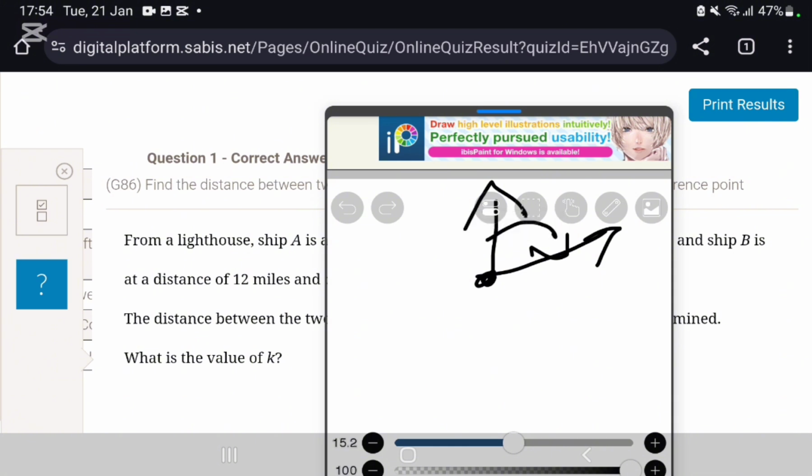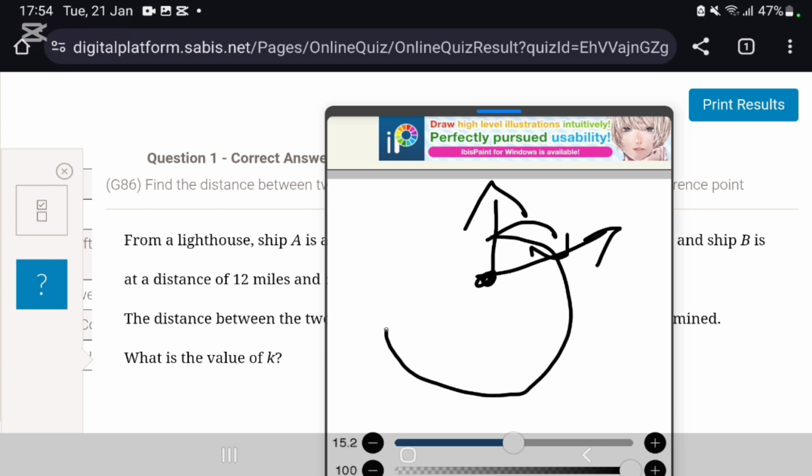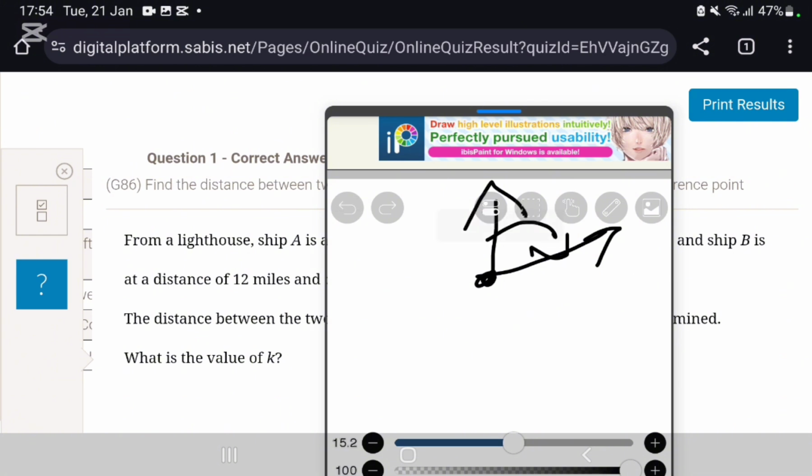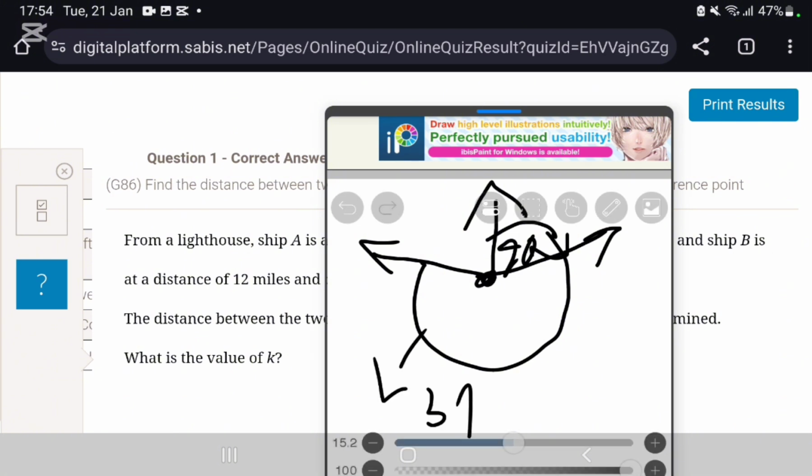Then we need 310 degrees. So it's approximately something like this. As we know, this is 40. This whole circle is 310 degrees. So this angle that I'm coloring here would be 50, right?